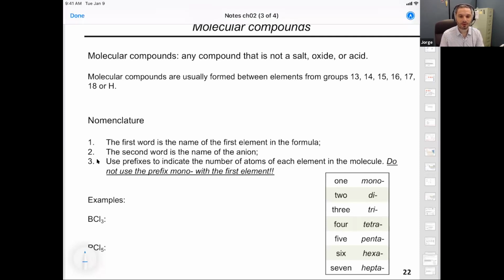And then you have to use prefixes to indicate the number of atoms of each element in the molecule. And again, do not use the prefix mono with the first element, so you don't need to do that.